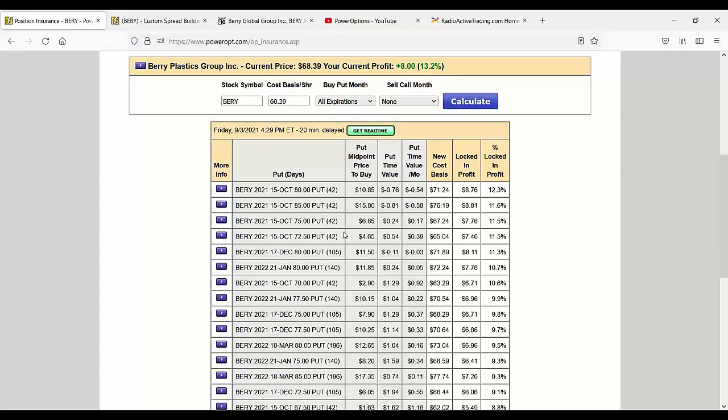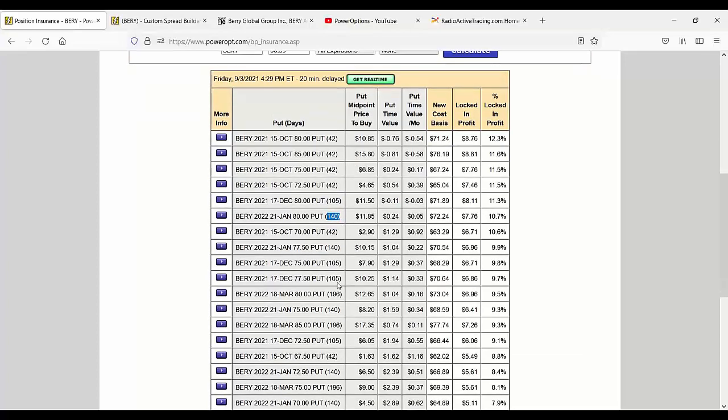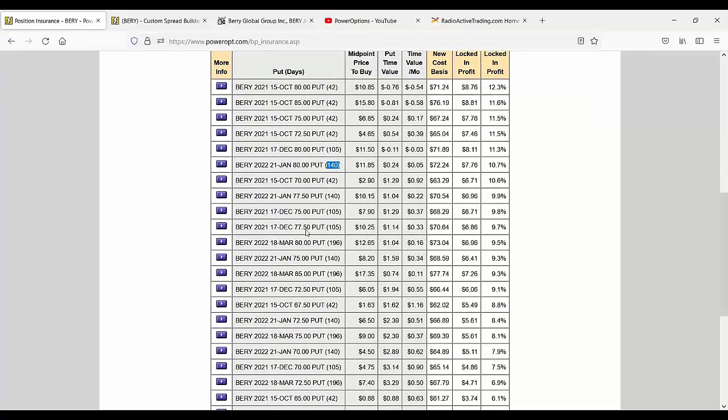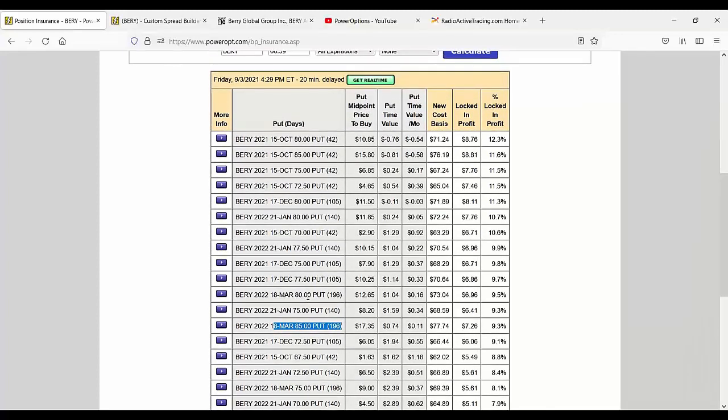I want to continue the trade further. This is why I left it at all expirations, so I can quickly see, here's my October's, December's 105 days out, January's close at 140, that's the put I'm holding, not the 80 put, I'm holding the 70 put right now. And going to the 150-day minimum, I'd be going out to March.